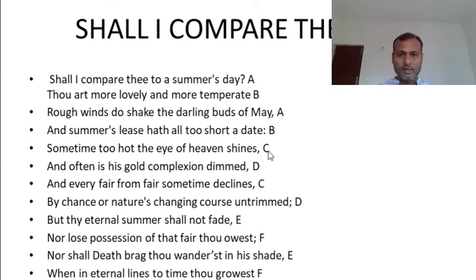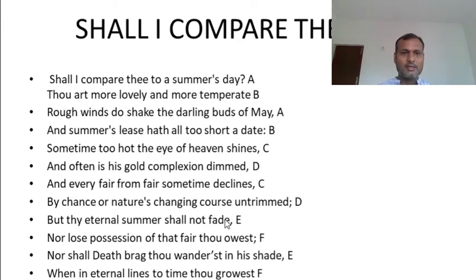If we mark this as C, then "declines" also becomes C. And the last word of this line, "and often is his gold complexion dimmed," this "dimmed" and the last word in this line, "untrimmed," will rhyme. So if we mark "shines" and "declines" as CC, then "dimmed" and "untrimmed" can be marked as DD. So now the rhyme scheme will be AB, AB, CD, CD.